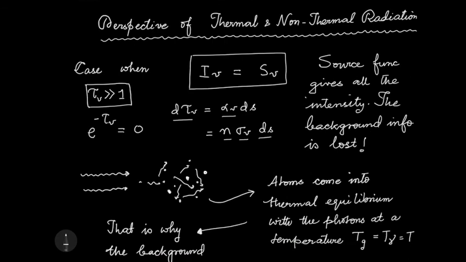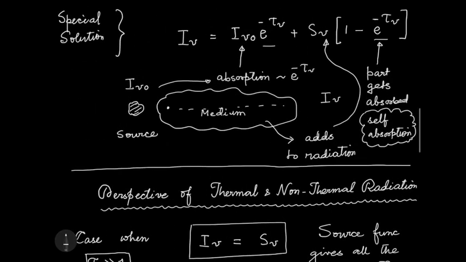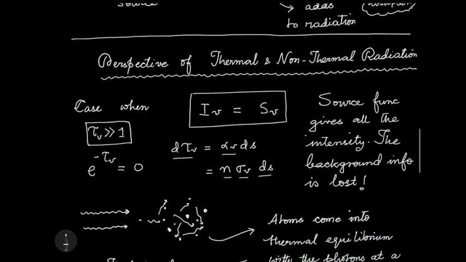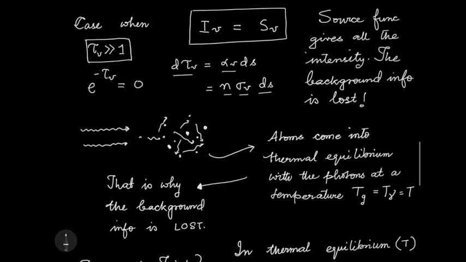Okay, so let me go through the logic once more. We are talking about the case when tau is much greater than 1. Using the radiative transfer equation, we figure out that irrespective of what background radiation is there, that information is completely wiped out. What we get as the intensity out of the medium is the source function of the medium.